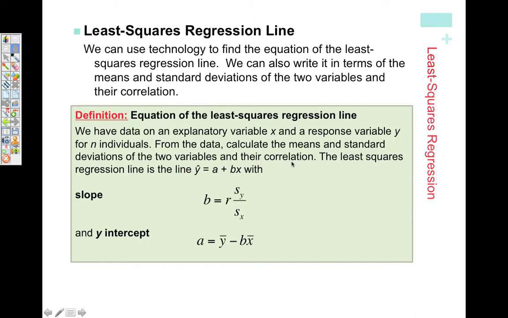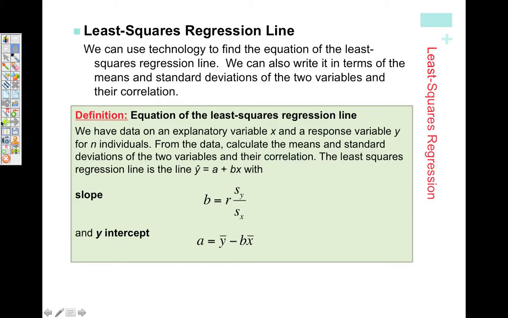We did that in section 3.1. The least squares regression line will have a slope and y-intercept that follow these two formulas. The slope is the correlation times the standard deviation of y over the standard deviation of x. The y-intercept will be the mean of the y's minus the slope times the mean of the x's.